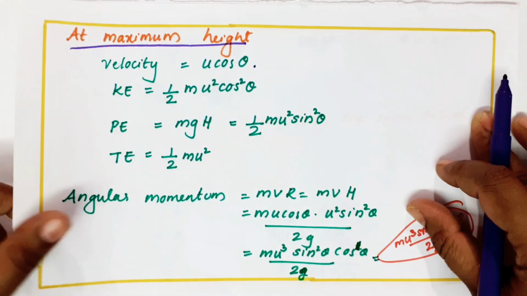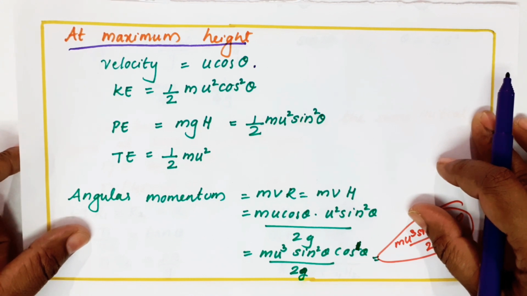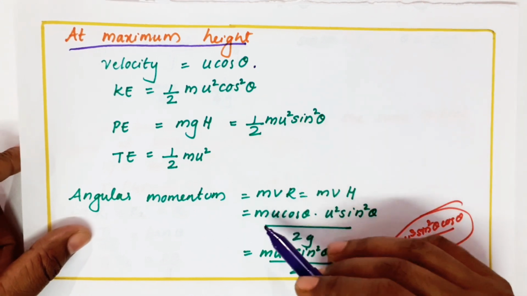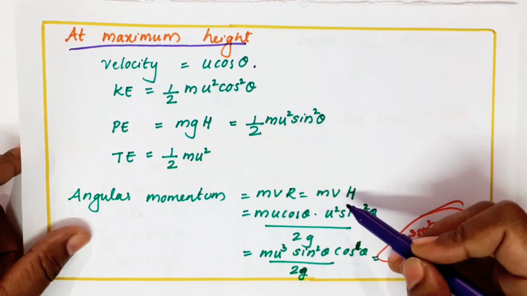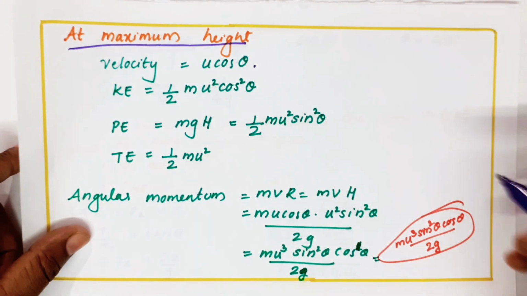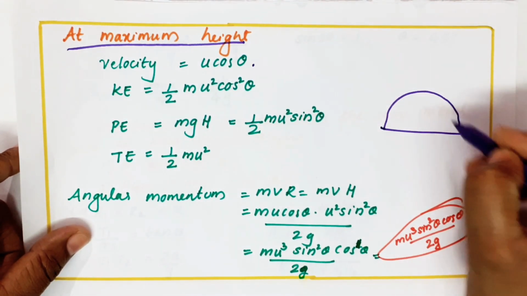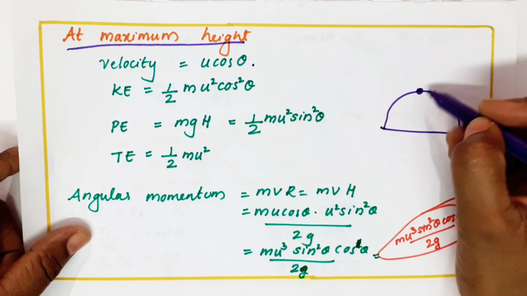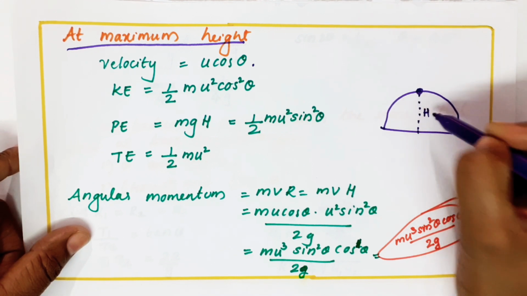Now if you see angular momentum, what is angular momentum? mvr. So mv into r, I can write it as h, because in the angular momentum concept they are asking, at the highest point, what is the momentum? The highest point radius is nothing but this, our h.